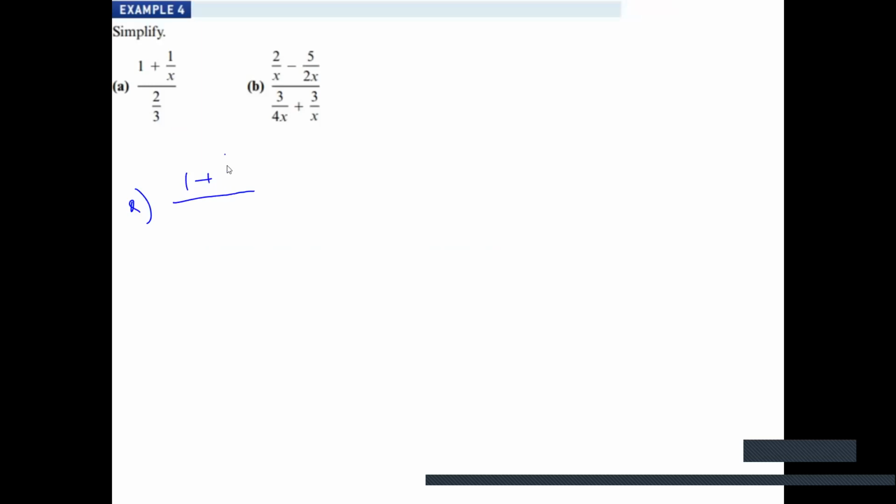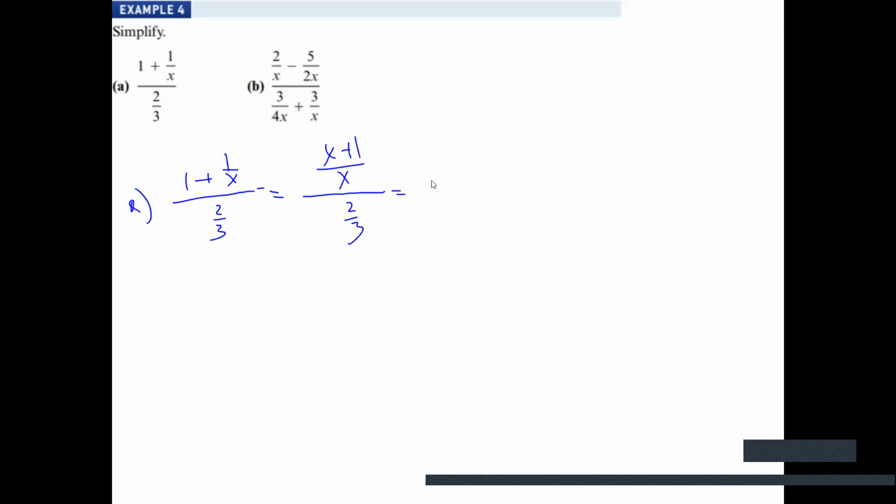So what I have, 1 plus 1 over x, over 2 over 3. First thing, I need to find the common denominator here, which is x plus 1. Yes? Over 2 over 3.